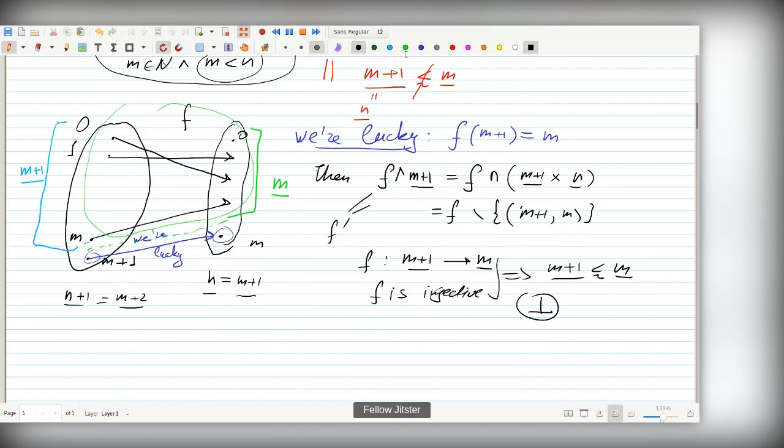But what if we are not that lucky? Then, in this case, all the remaining arrows comprise an injection from m plus 1 into m, which is not possible. But what if we were not that lucky? What if f mapped m plus 1 into some other point?